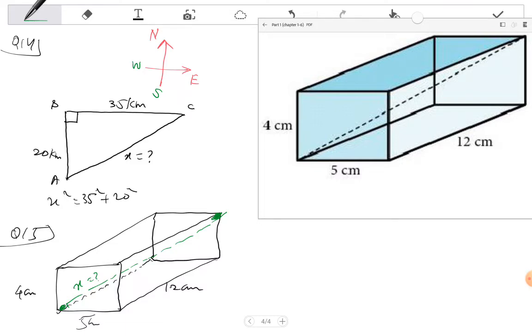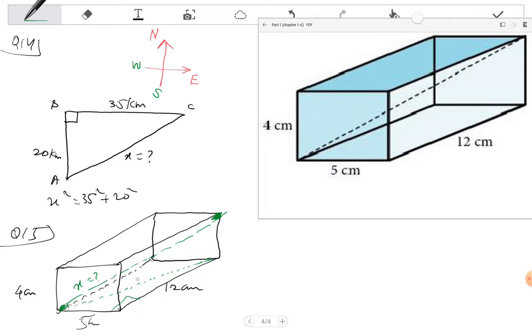So in order to find this value, I can connect the diagonal of the base of the rectangle. This side length can be found from here, it is 90 degrees.